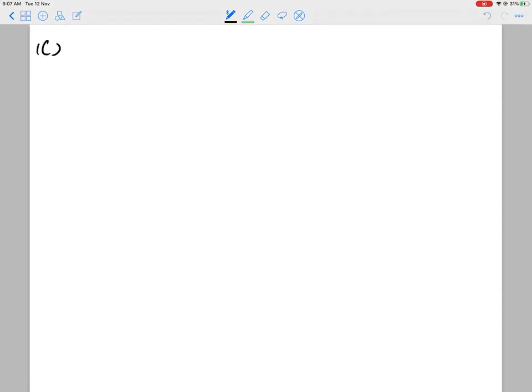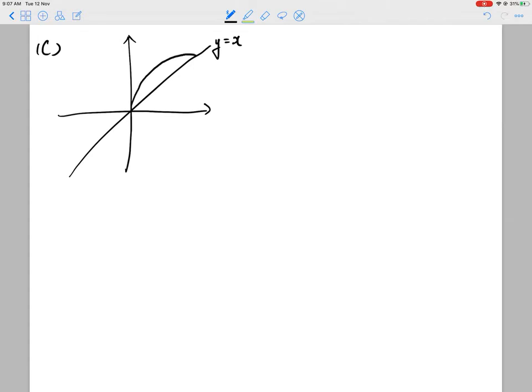Part C. So now you have the curves y equals x and y equals square root of x. Square root of x is something like this.